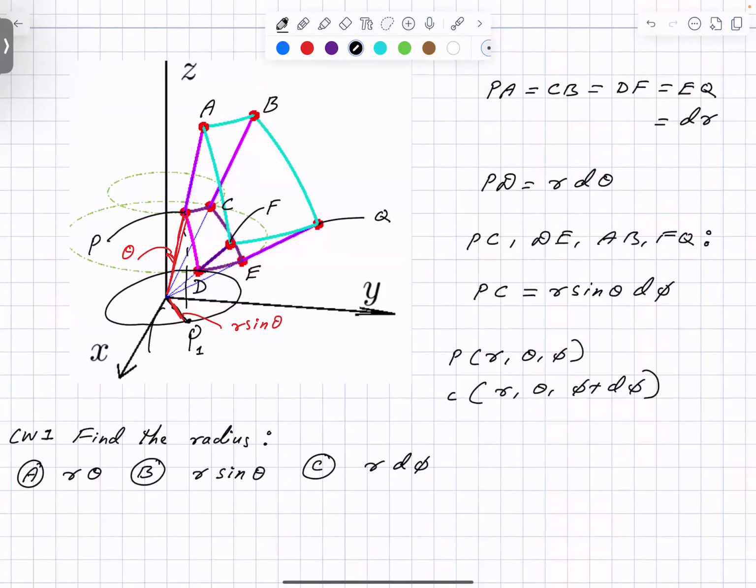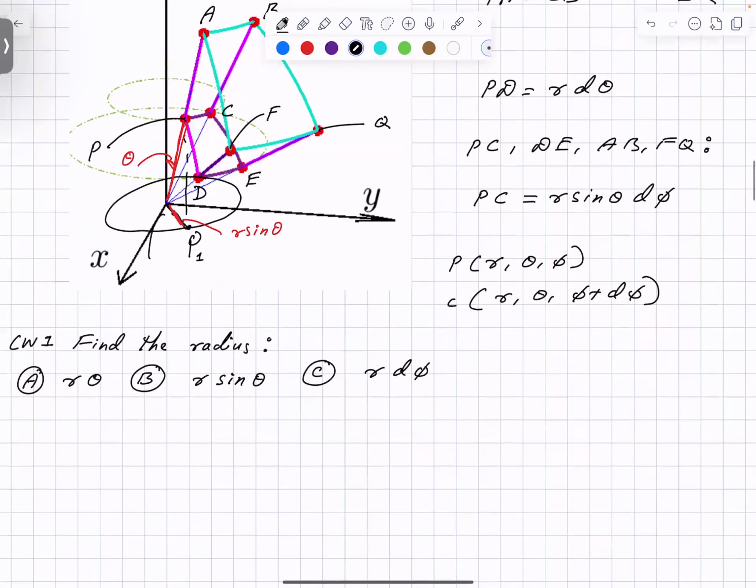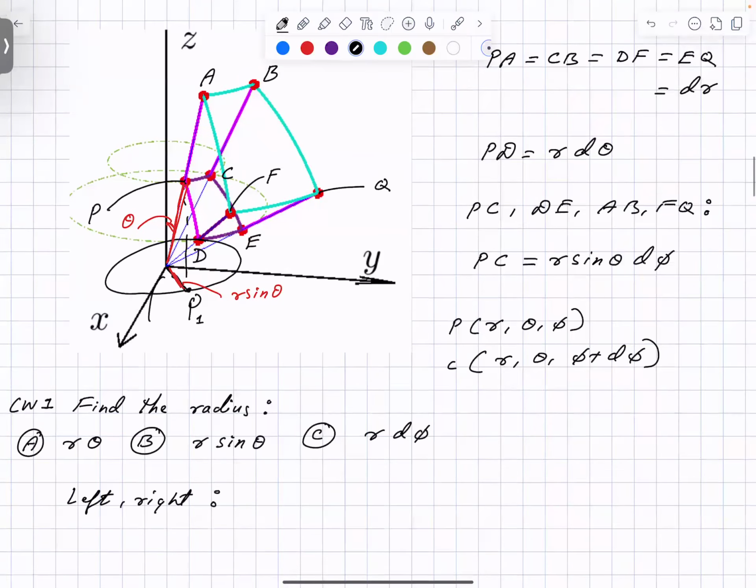That means we can also now determine the area of each type of surface. For the left side or the right side, let's start there. For the left and right, even though it's not exactly a rectangle, we'll think of every surface, every area, as a rectangle. So consider this area now. We know that one length is dr, and the other length is r d theta.